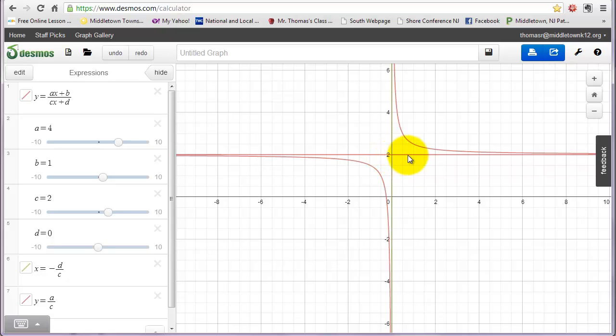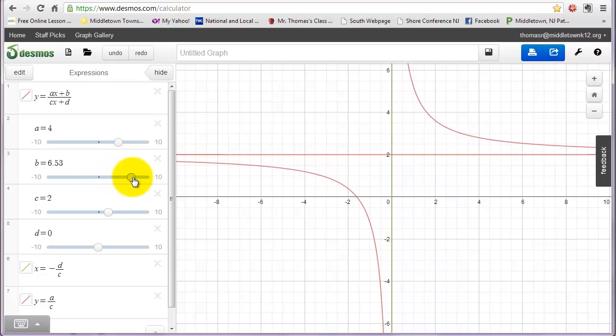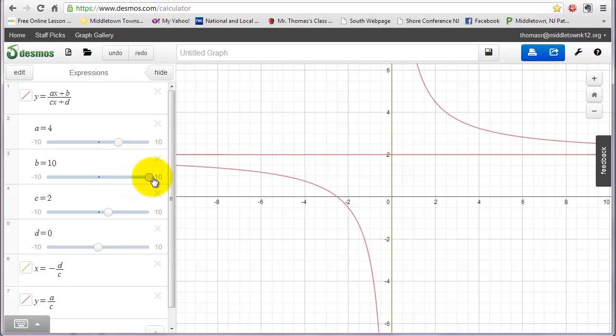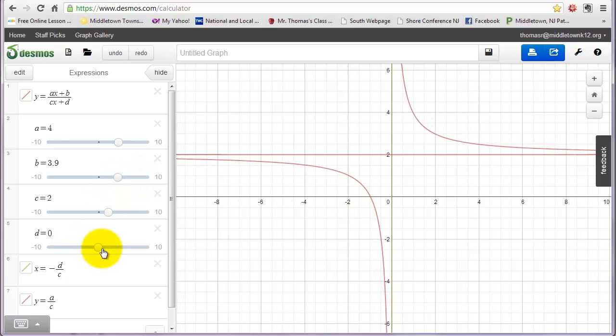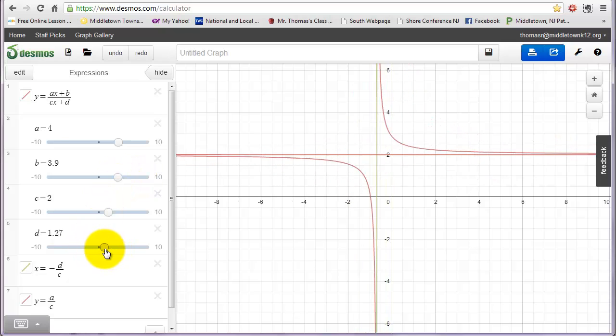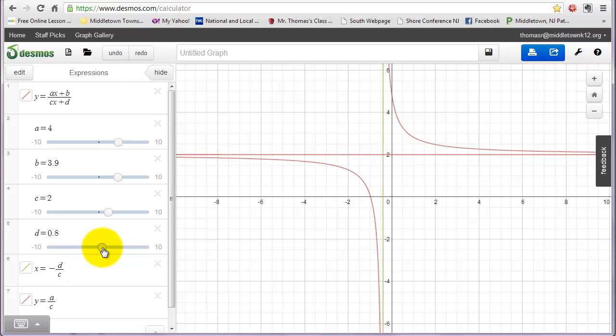It's not as intuitive as the other one, where we have the translations that we're used to, the horizontal and vertical shifts. Playing with our b and c, our b here is going to affect our width. It's doing a scaling, but if we also play with the d, then it's also causing our vertical asymptote to move right or left.